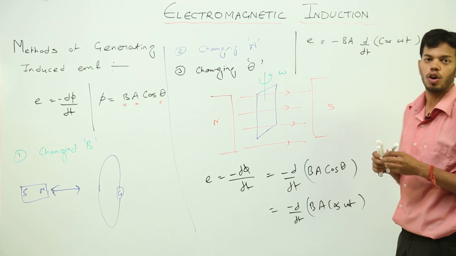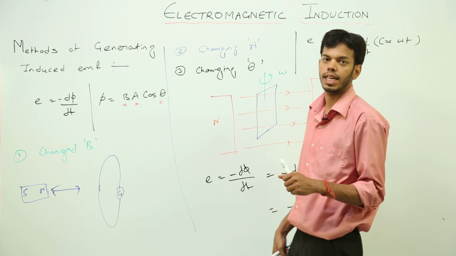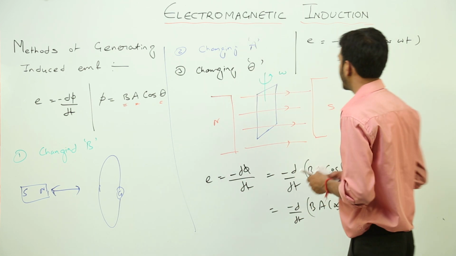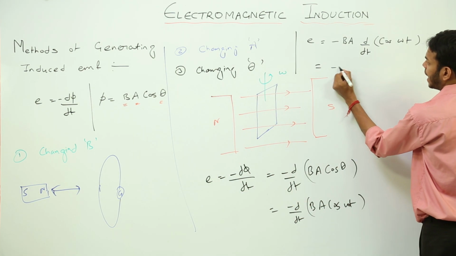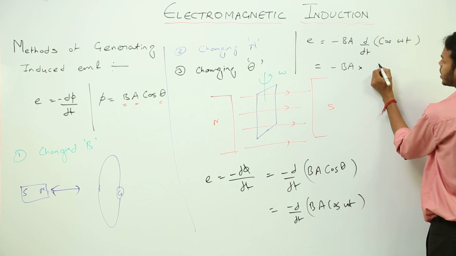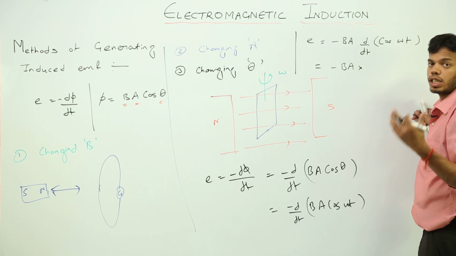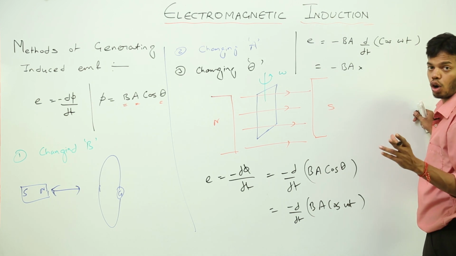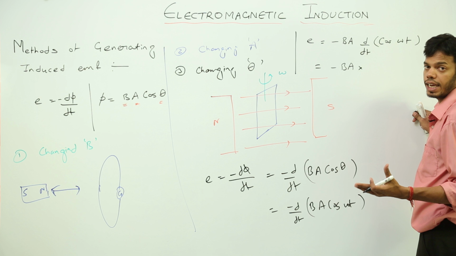What is the differentiation of cos? Minus sign or sine? It is minus sine, right? So minus B A into the differentiation of cos x. Cos x gives minus sin x. If there is cos kx, it is minus sin kx into k.